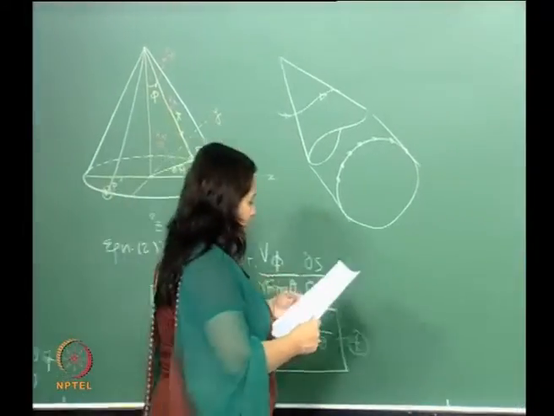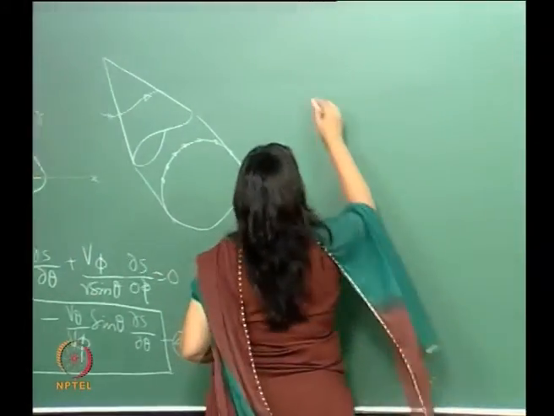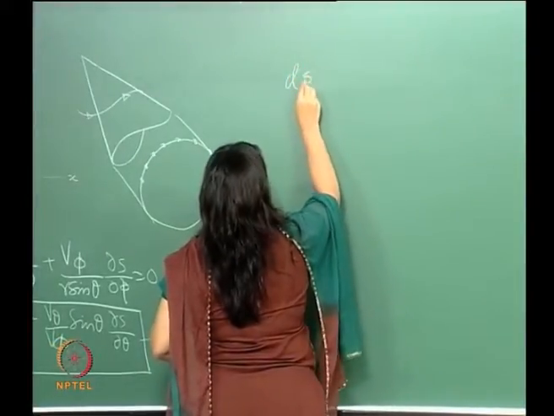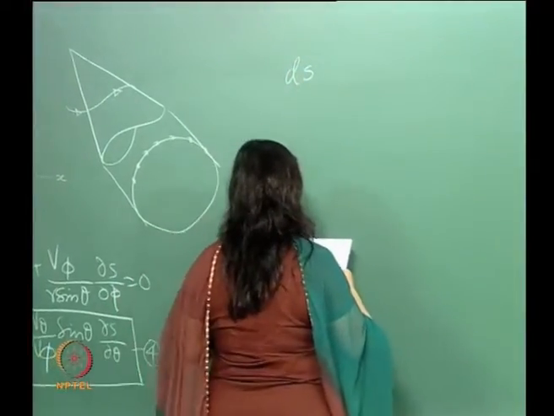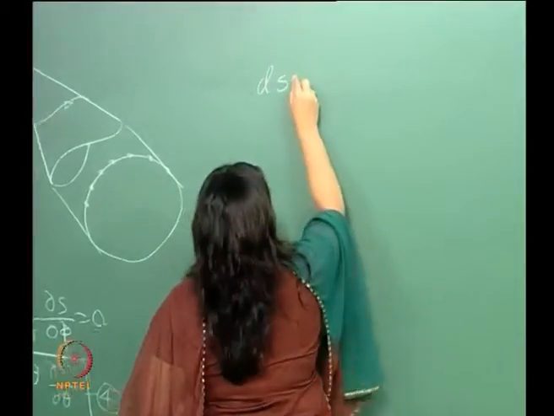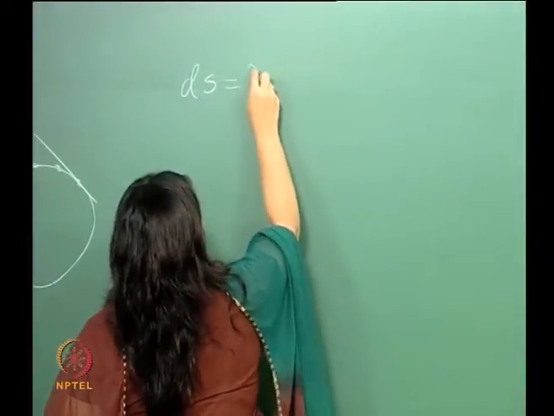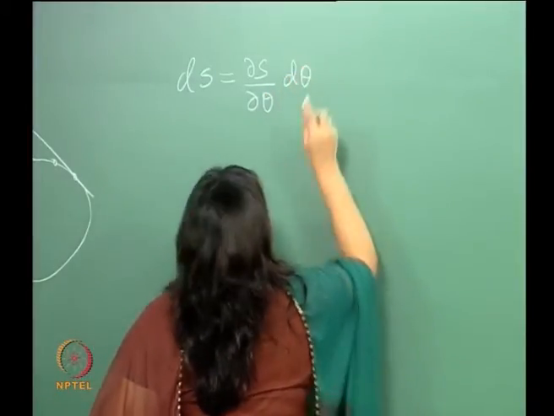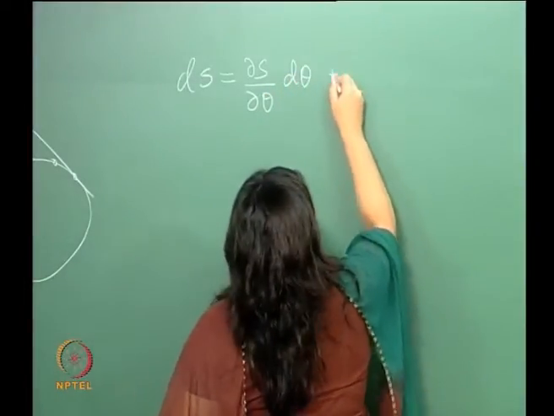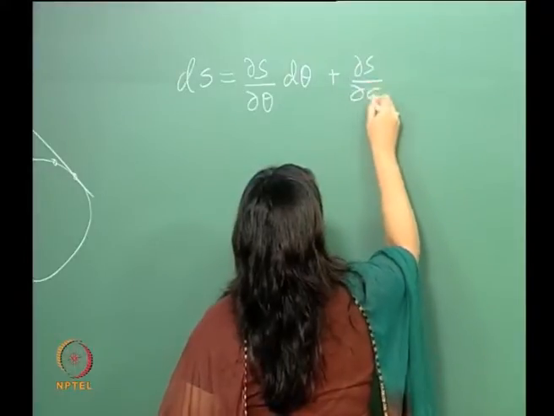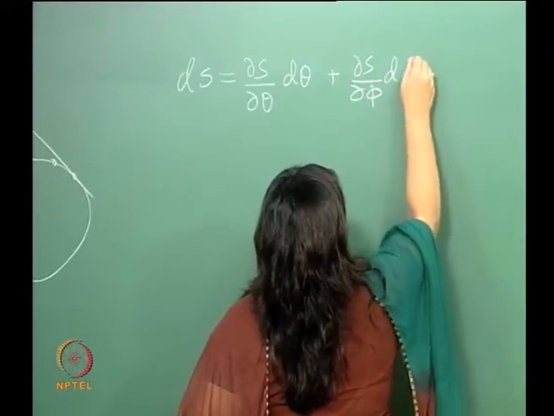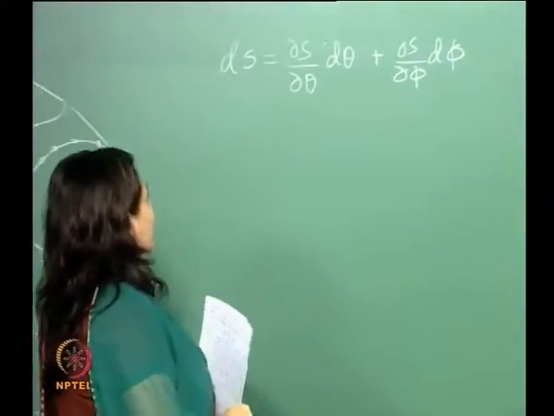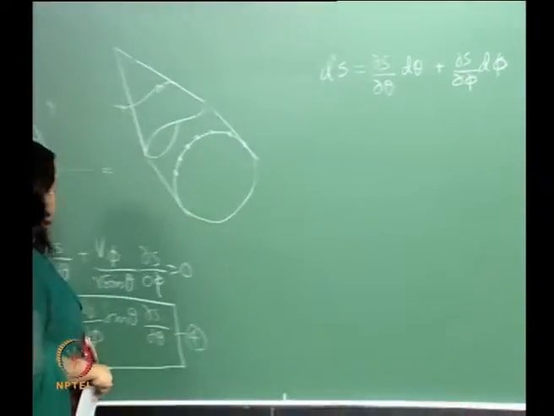So, say the total ds, the change in the entropy. You see what I am trying to write over here, which is different from here.